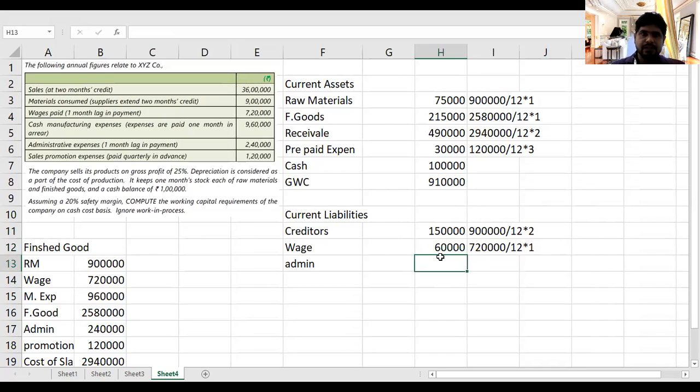And admin expenses are also settled in 1 month. So the annual cost is 240,000, divided for 1 month. Therefore, it is equal to 20,000.